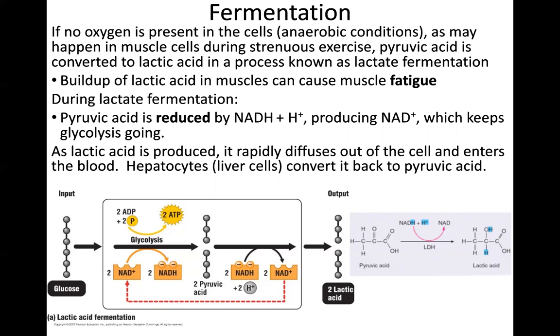If we're going to continue to exercise, we still need to continue to produce ATP. In doing this process, we convert pyruvic acid to lactic acid, and we call this lactate fermentation. Humans aren't the only thing that go through fermentation.